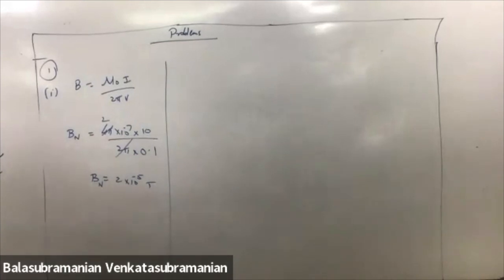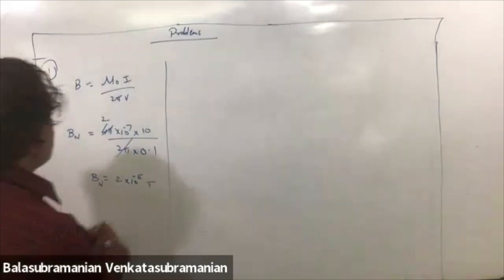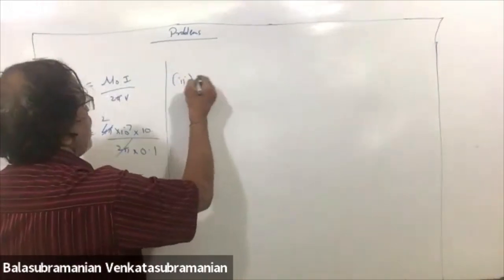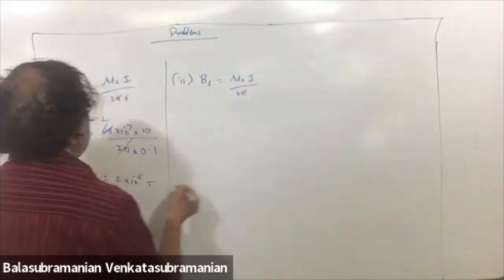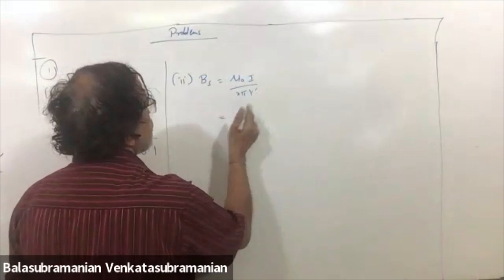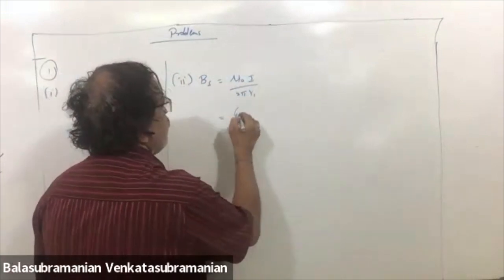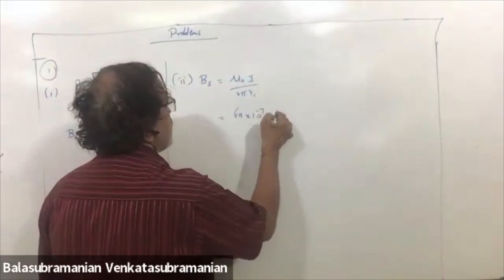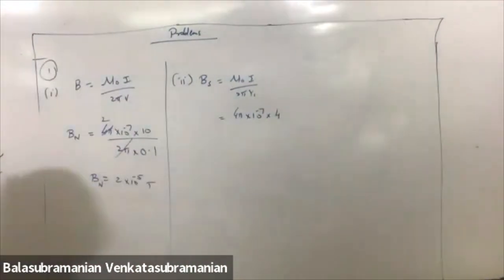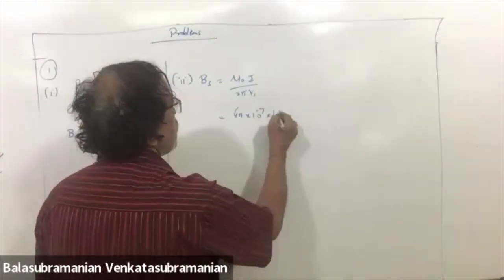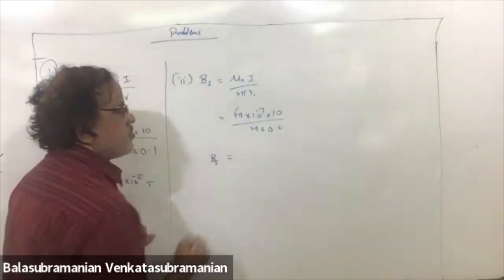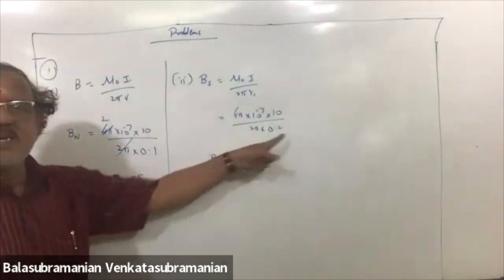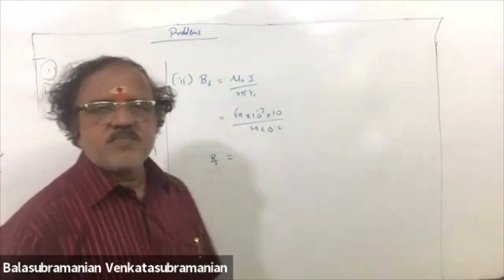Next, for south, the distance is 20 centimeter. Same concept: B south is mu naught I by 2 pi r dash. 4 pi into 10 power minus 7 into current 10 ampere by 2 pi into 0.2. Here 10 centimeter, here 20 centimeter.